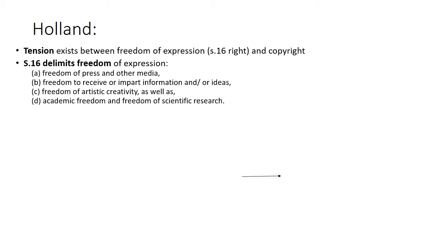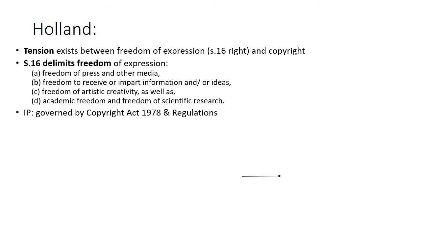So clearly there can exist a tension between copyright and the boundaries that copyright sets, and Section 16 of the Constitution, which tries to open a flow of information and a flow of knowledge.